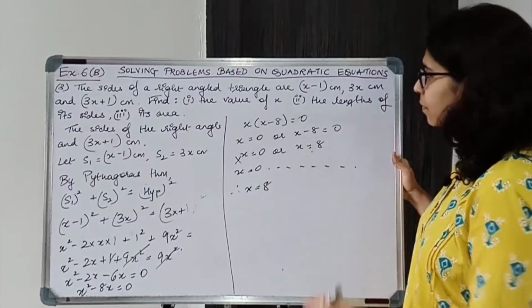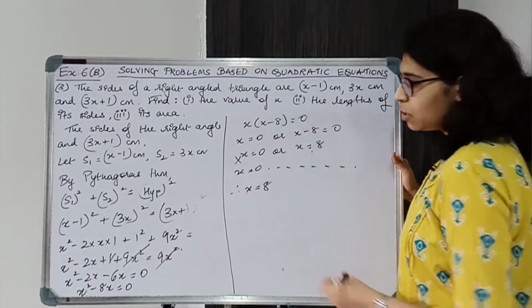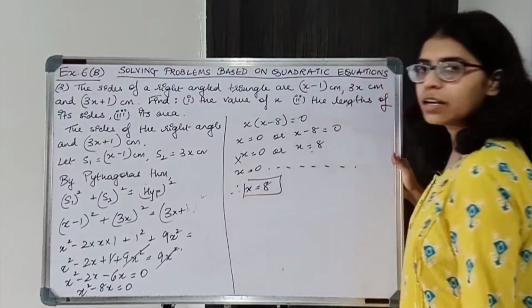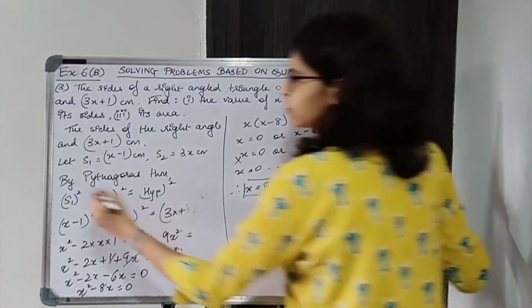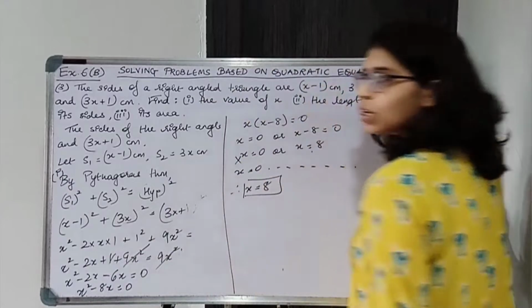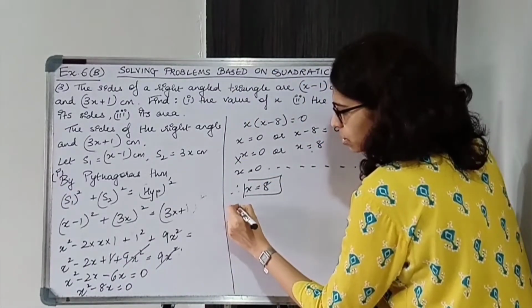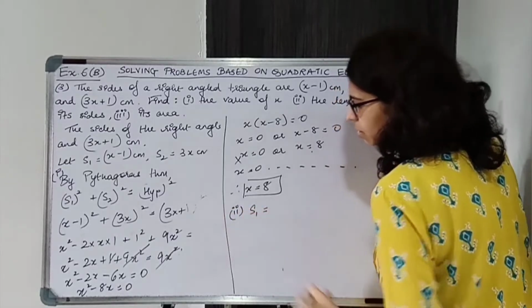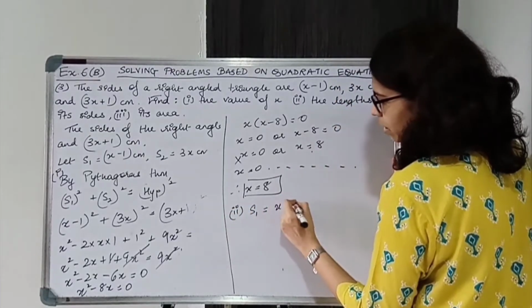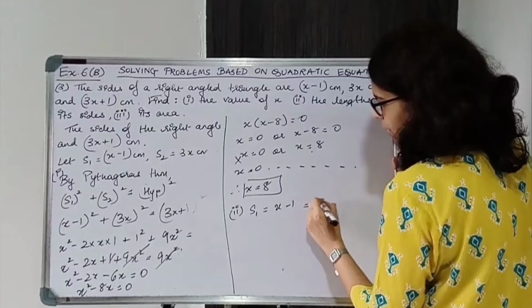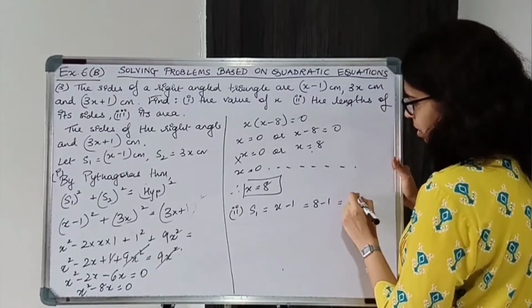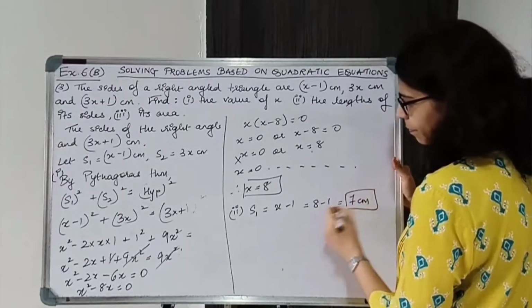Okay, let us find the sides. So this was the first part. Okay, we found the first part. Now coming to the second part, that is finding the lengths of its sides. So it's very easy. S1 is x minus 1, so that will be 8 minus 1, which is 7 centimeters.